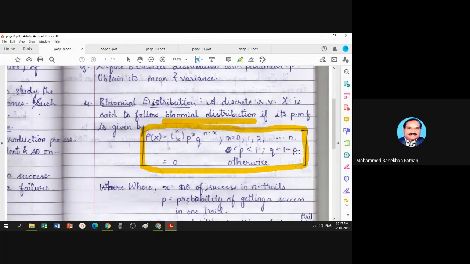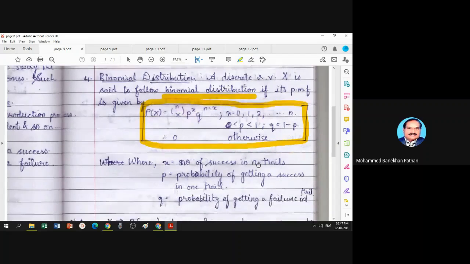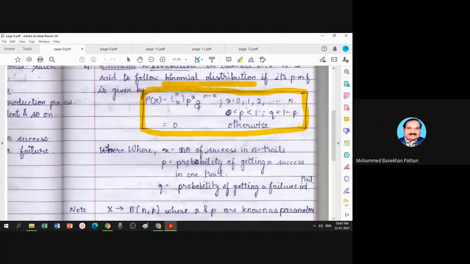Just like Bernoulli, p is the chance of getting a success and q is the chance of getting a failure. The same concept is continued for binomial. If your x is not coming from this range, the function will be 0 otherwise. Now in this function, what does x stand for as a random variable?